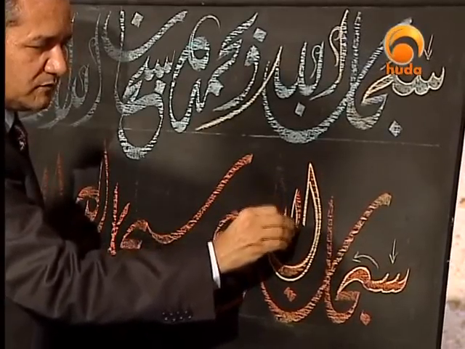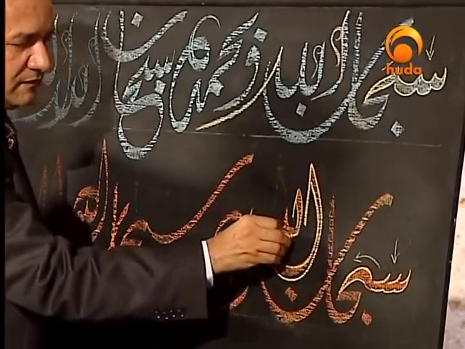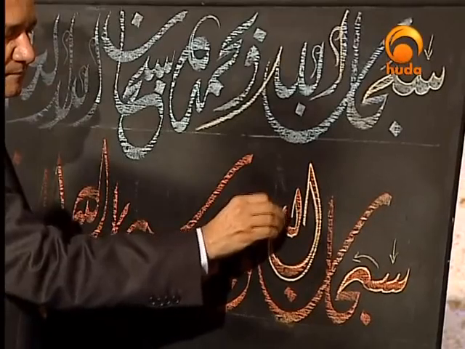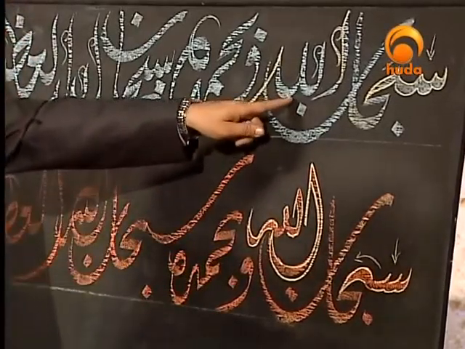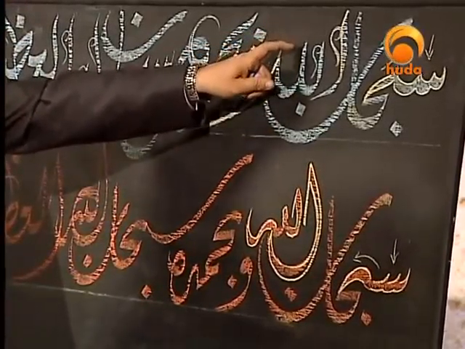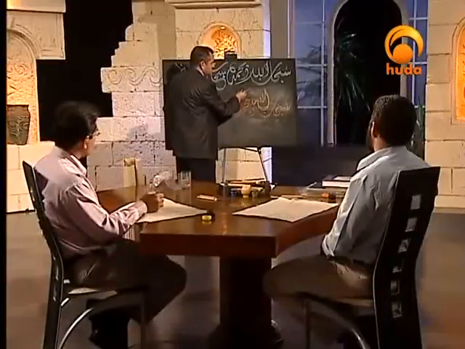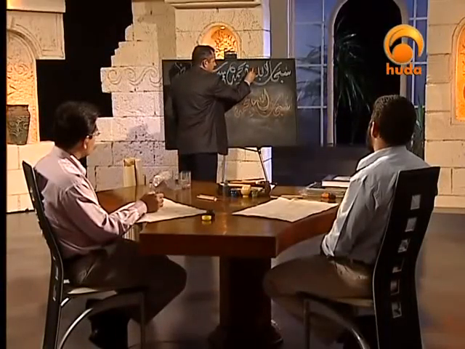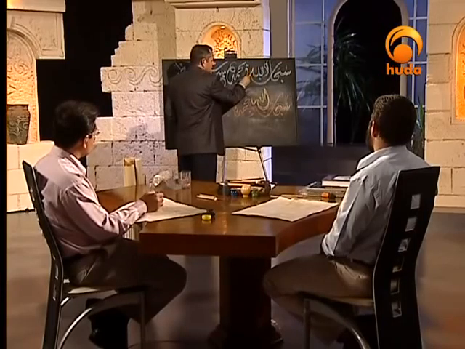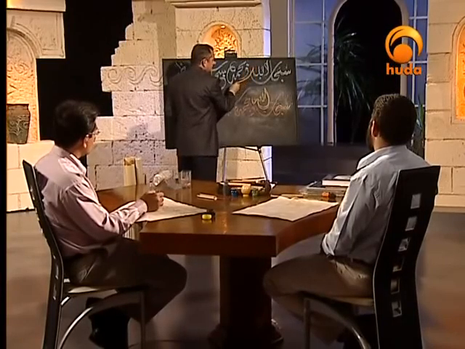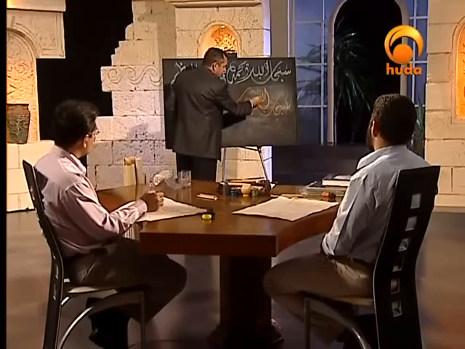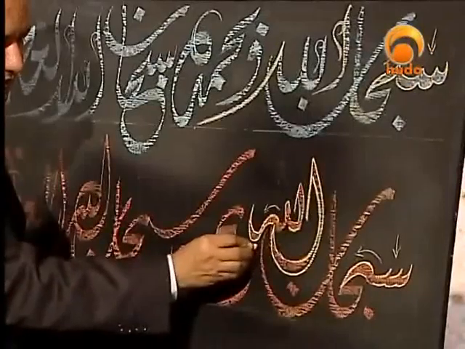And also the lam of the name of God, and the other lam. But here it is long and without any curves, except this ha, which comes with a very long curve from here to there. But here it takes a smooth curve from here and another curve going up. Almost the same in both styles.